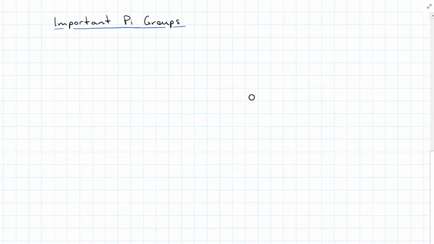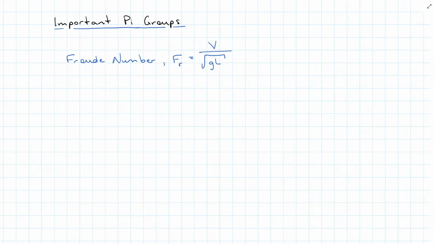The important pi groups for open channel flow are the Froude number, which is velocity divided by gravity and length, and the Reynolds number.